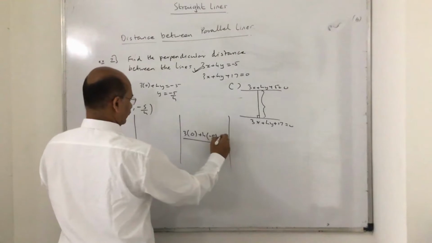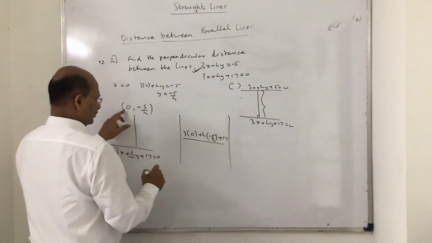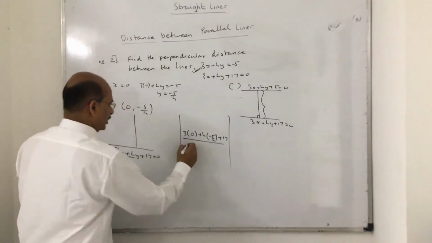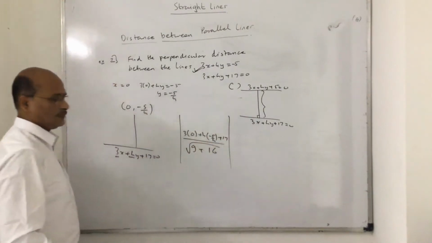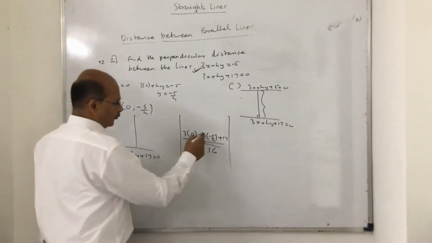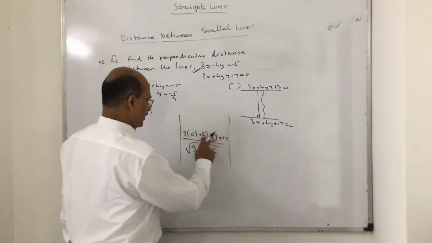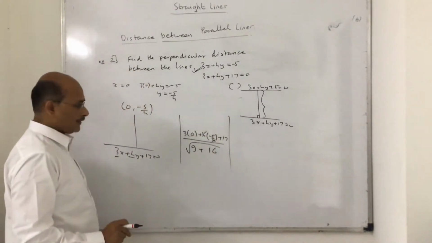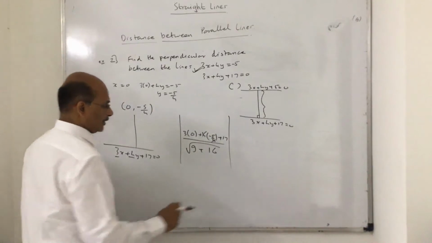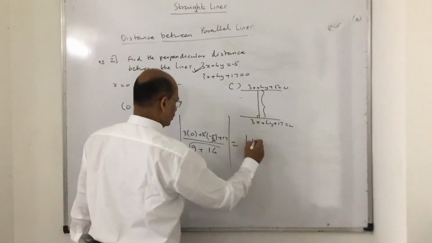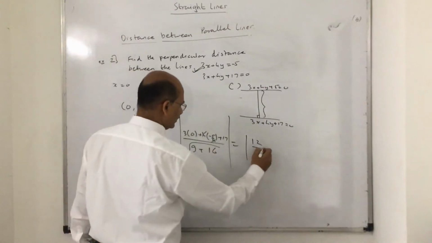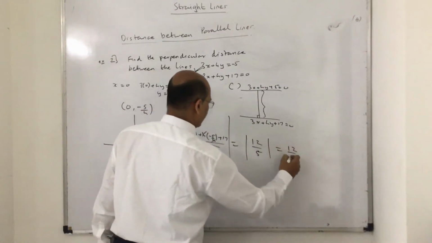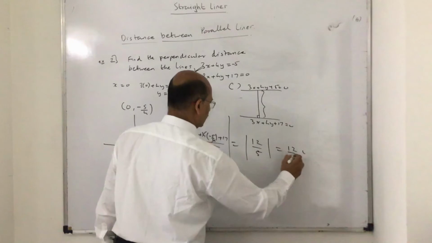My job is over. The 4 gets cancelled here, so 17 minus 5 is nothing but 12. It is 12 upon the square root of 9 plus 16, which is 25. So the answer is 12 upon 5 units.